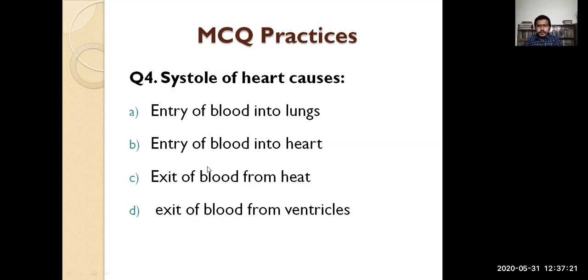Actually, this option, exit of blood from heart, also includes the atrium as well. If the atria are contracted, then the blood will be drained into the ventricles, not from the heart to the outside. So D is the better option than C, because from the ventricles the blood is drained to outside the heart. But if the atria are contracted, then the blood will be drained into the ventricles. So this is the correct option.